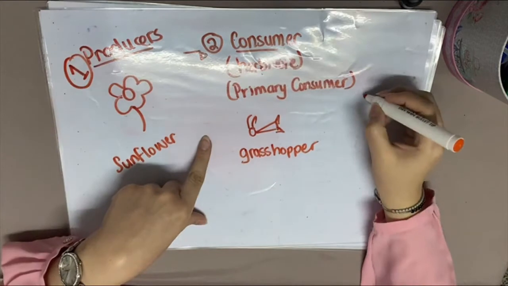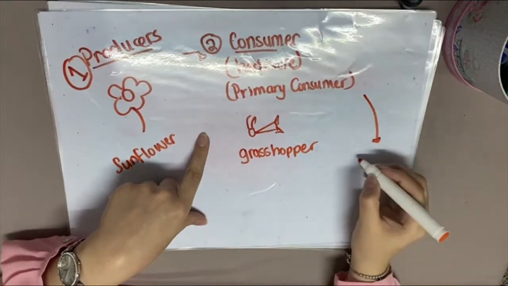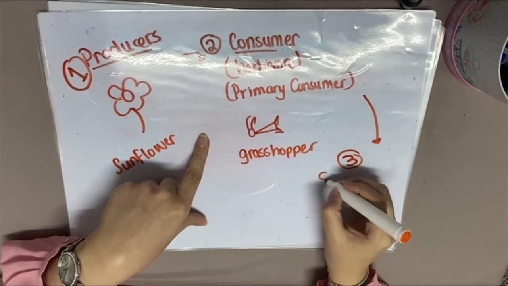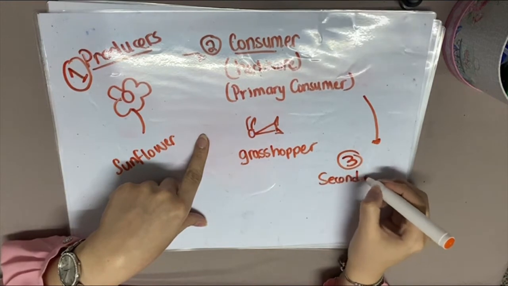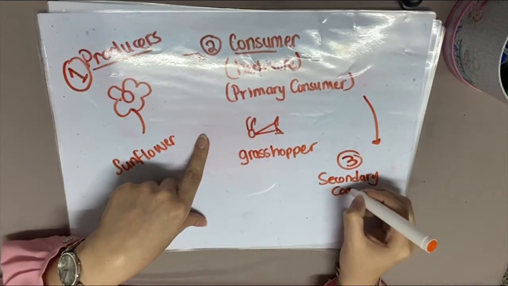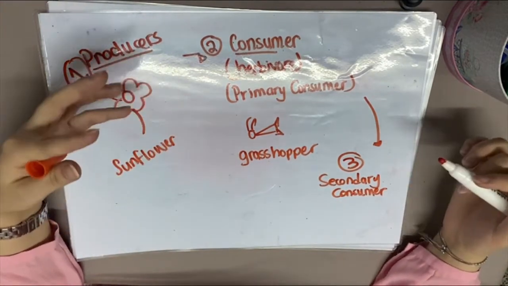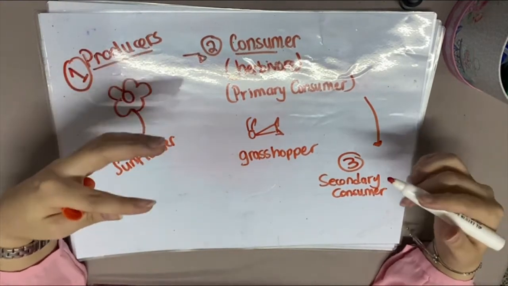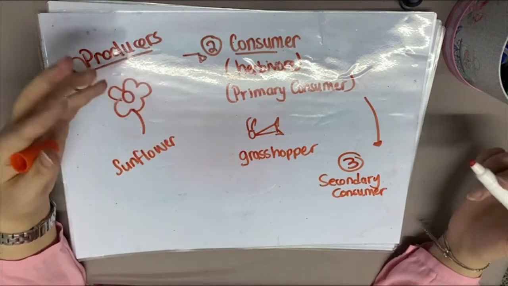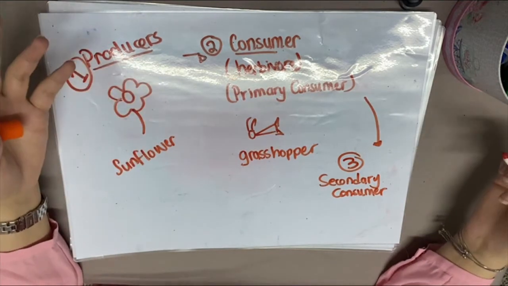Next comes a secondary consumer. A secondary consumer can be a consumer that eats both, because it's the second consumer in a food chain. This consumer can be a carnivore, an omnivore.